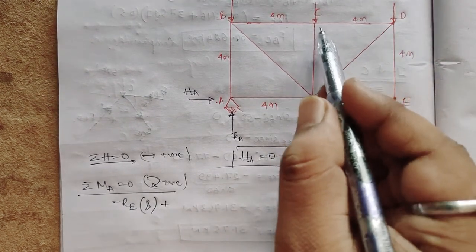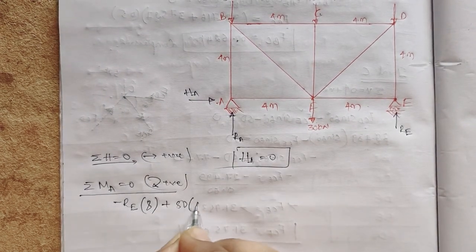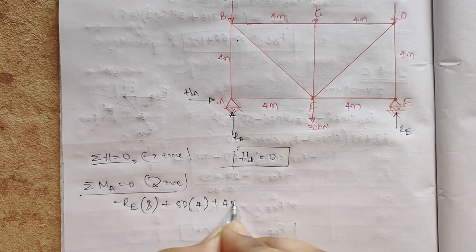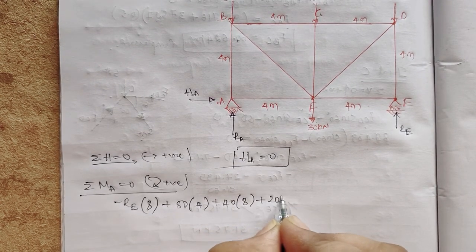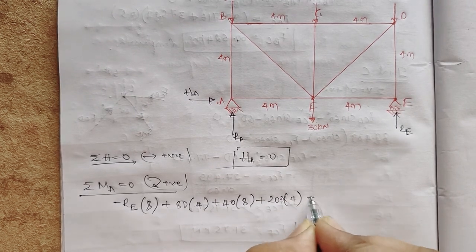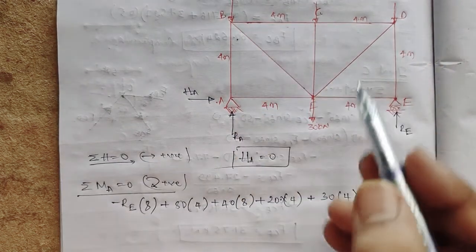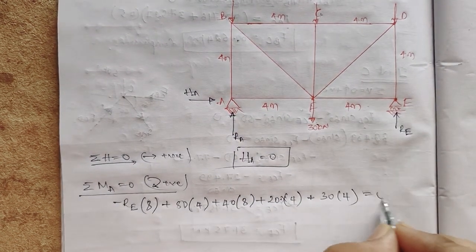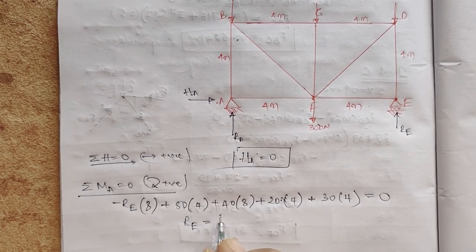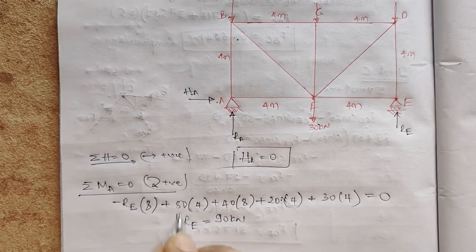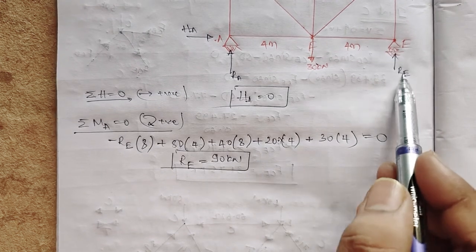Then 50 into 4 will make a positive moment, similarly 40 into 8, 20 into 4, and another force, 30 into 4, is equal to 0. So RE will be equal to 90 kilonewton. I found out RE.